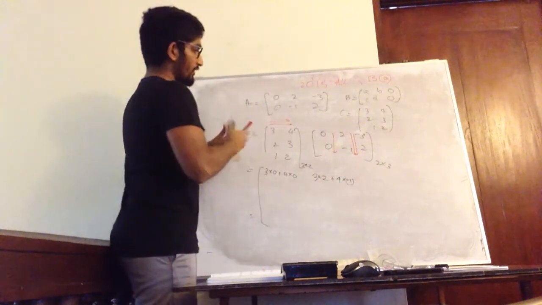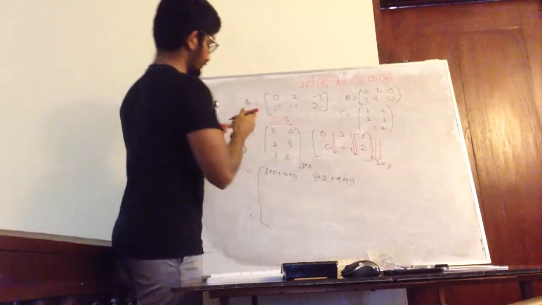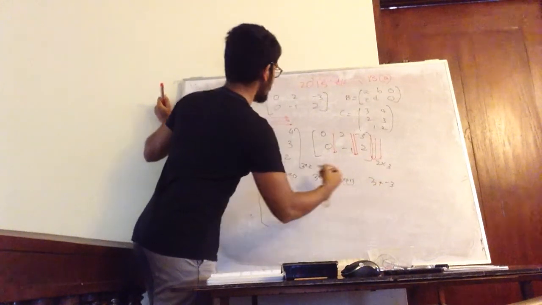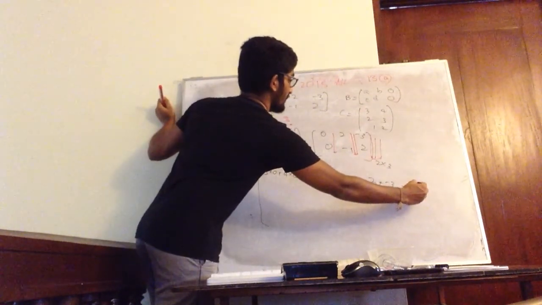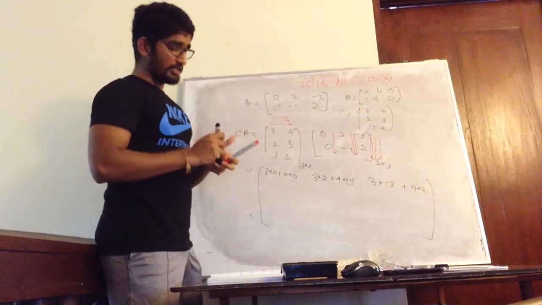Then this is going to be 3 times minus 3 plus 4 times 2. Right now, so the others will also be similar.